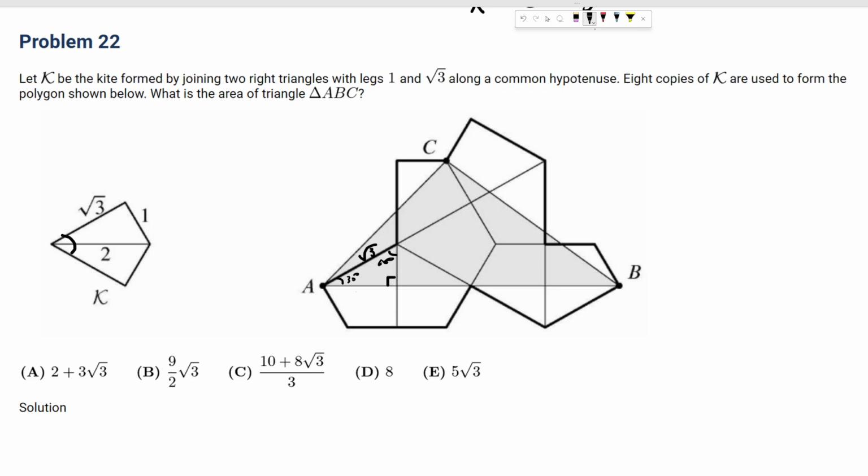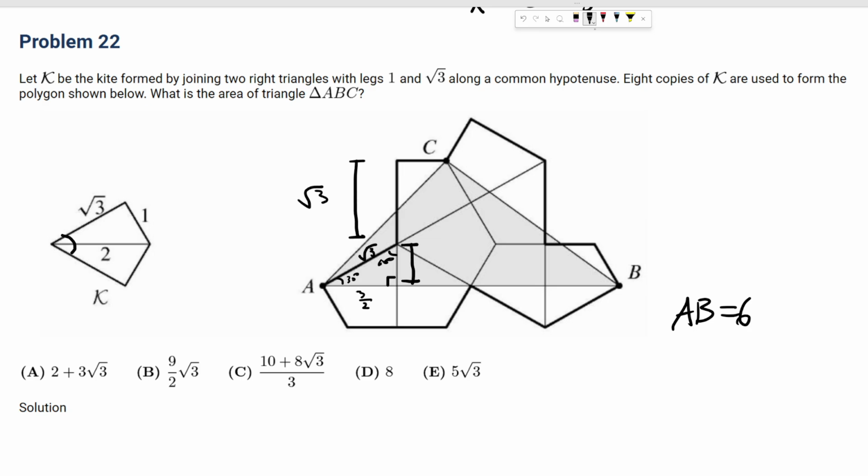So that means that this is going to be root 3, this is going to be 3 halves, because it's going to be root 3 times root 3 over 2, which is going to be 3 halves. So that means AB equals 6. For the height, we have that the height is going to equal this length, which is root 3, plus this length.